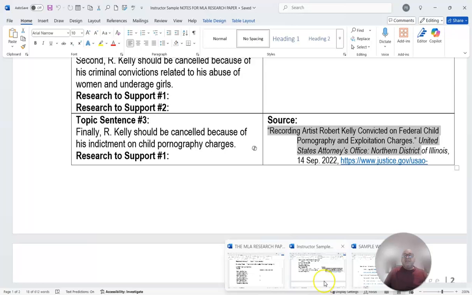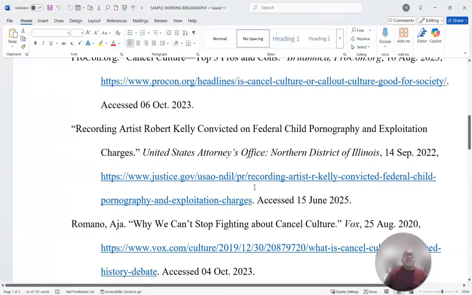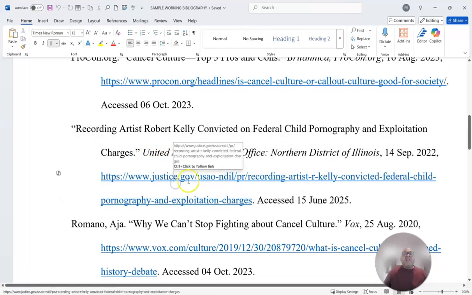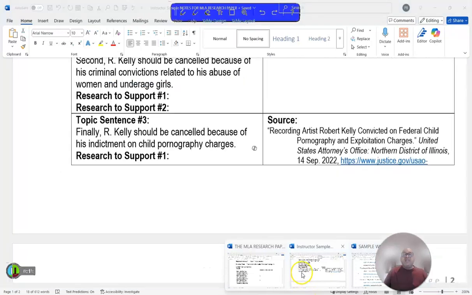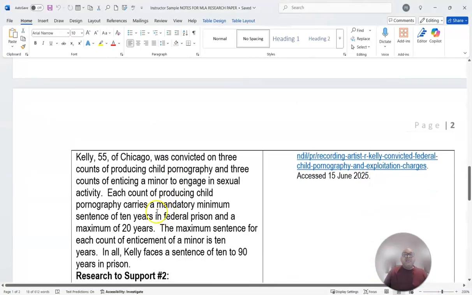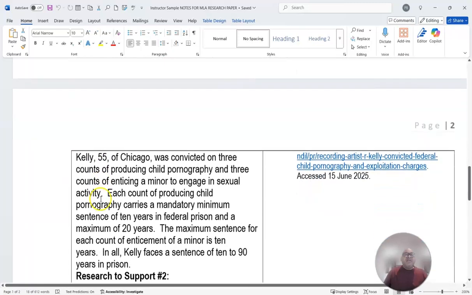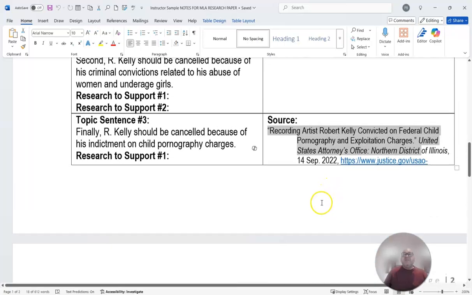Again, I copied this directly from my working bibliography. It's going to turn into your works cited list. I followed the link, I read, and I put the information here. They all come from one source.